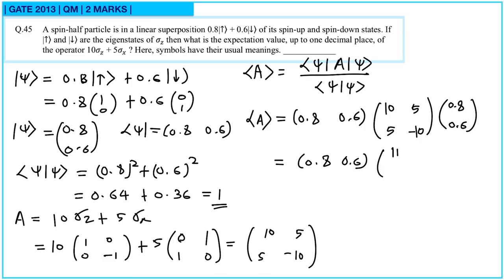And 5 into 0.8 is 4, and minus 10 into 0.6 is minus 6, so this will be 4 minus 6, which is minus 2. This will be equal to 11 into 0.8, which is 8.8, minus 1.2, which is equal to 7.6. So up to one decimal place, the answer is 7.6.